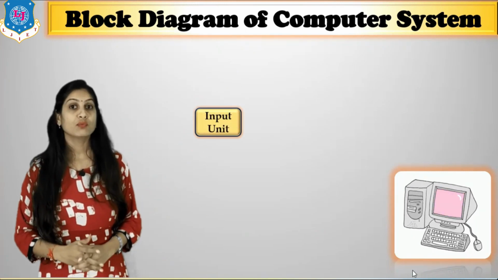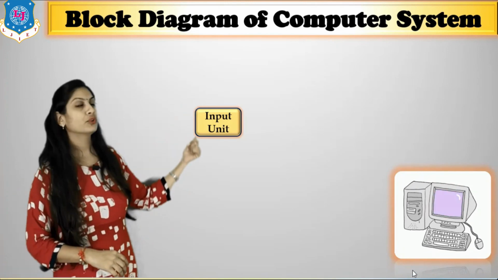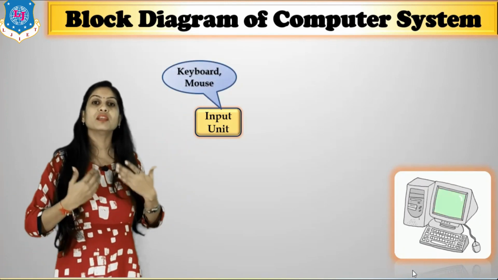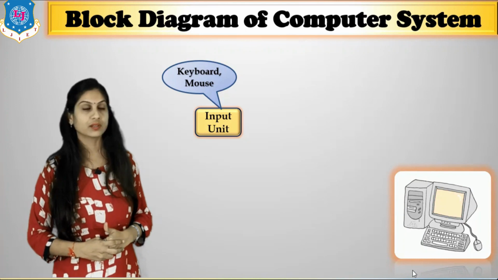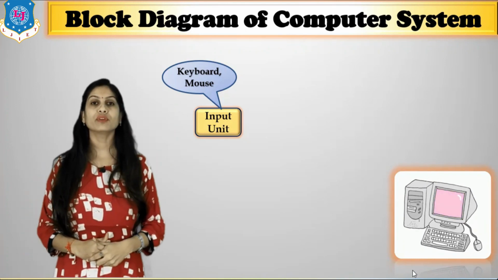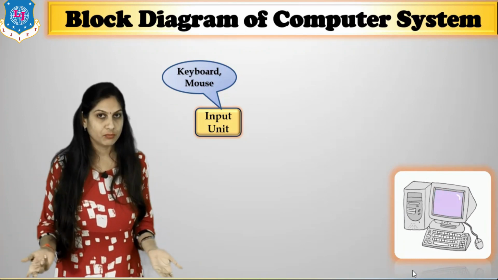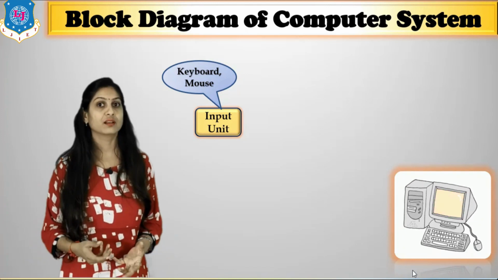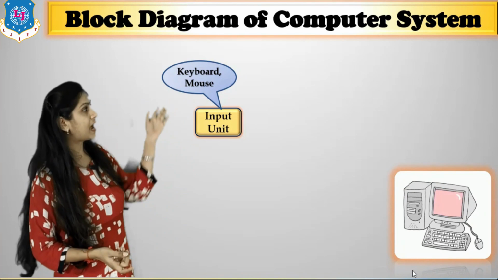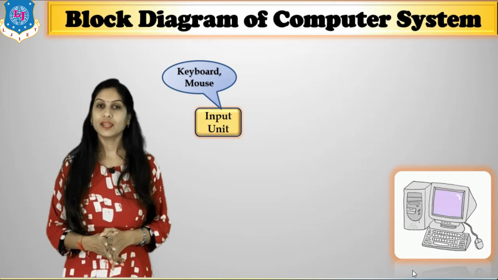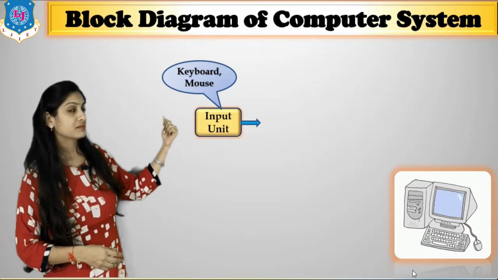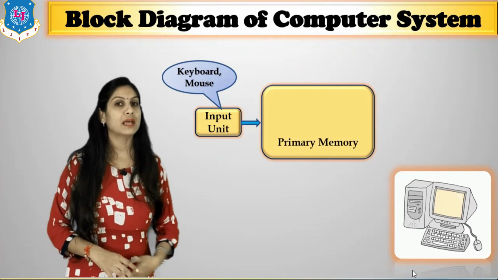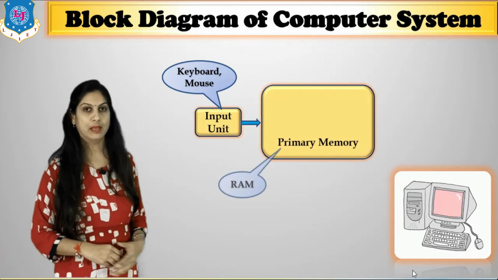Obviously the first is always input. So the input unit is there to accept the data from the user. Examples of input units are the keyboard and mouse. In a game you can use a joystick, then trackballs. These are examples of our input unit. This data is stored in our memory, that is primary memory.